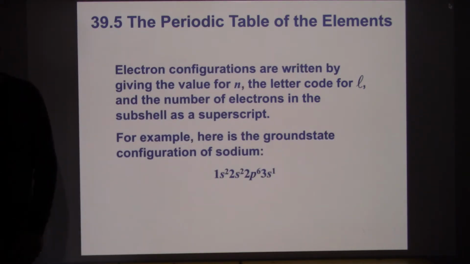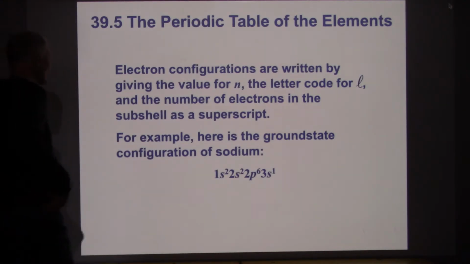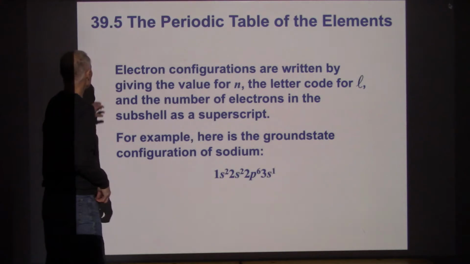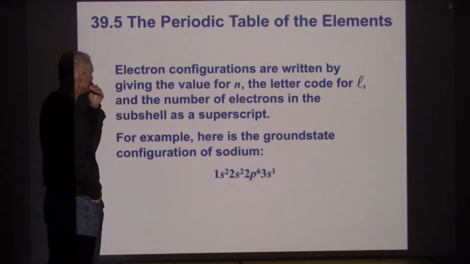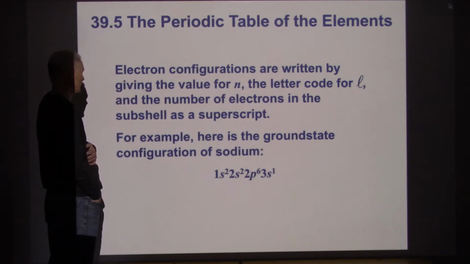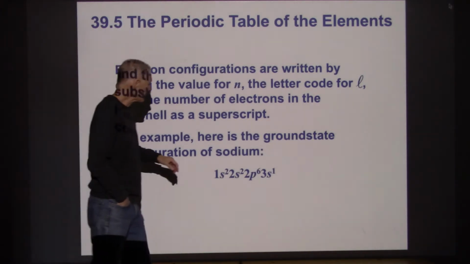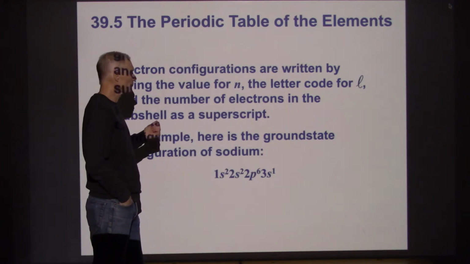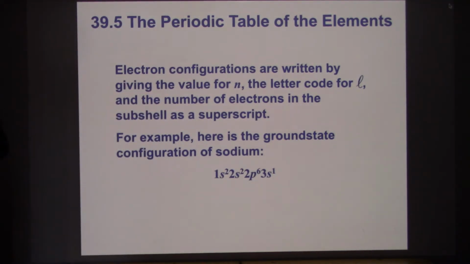All right, let's see. Here is the ground state configuration of sodium. Again, we've seen this with the periodic table stuff that we've looked at. Sodium, we said, is element number 11. If I'm looking at a neutral sodium atom, now this is not a block of sodium, and this is not sodium in necessarily sodium chloride, something like that.